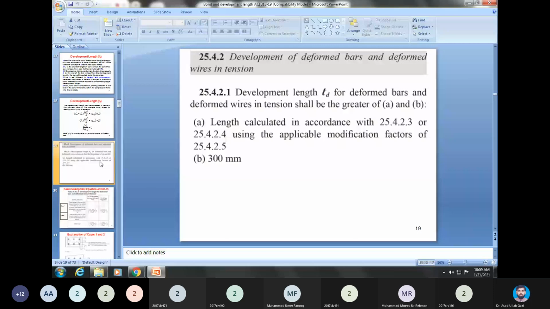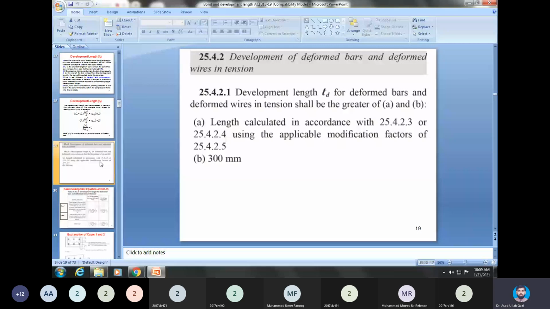So this presentation, as I have named it, bond and development length, is according to ACI 318-19. You need to apply them for your design purposes, and in exams you will also be encouraged to use these equations.